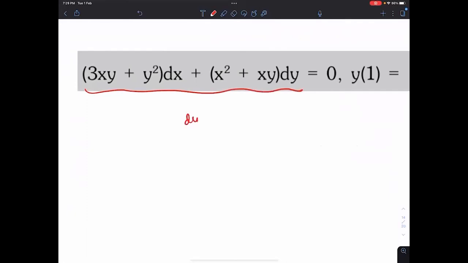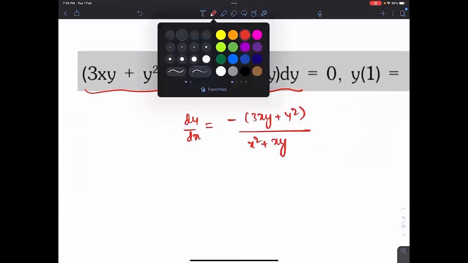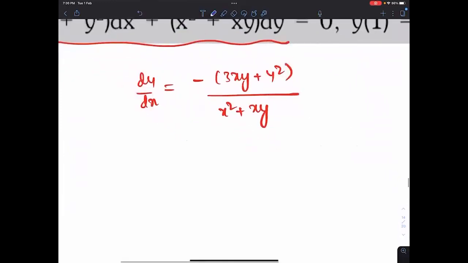Because here, if I write dy by dx, I will get minus of (3xy plus y square) divided by (x square plus xy). This is what you get if you write dy by dx. Now you see two terms are there in the numerator. What is the degree of those two terms? Second degree. In the denominator also two terms are there. What is the degree? Second degree. All the terms have the same degree. No? So it is a homogeneous differential equation.